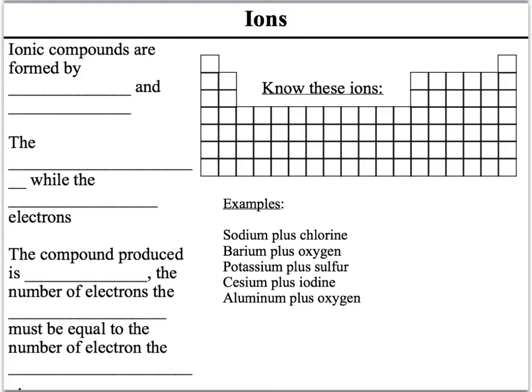Alright, so we've learned briefly about ions. They're either positive or negative, cations or anions. Now I want to talk about actually combining them in order to form compounds. So ionic compounds are formed by a metal and a nonmetal.